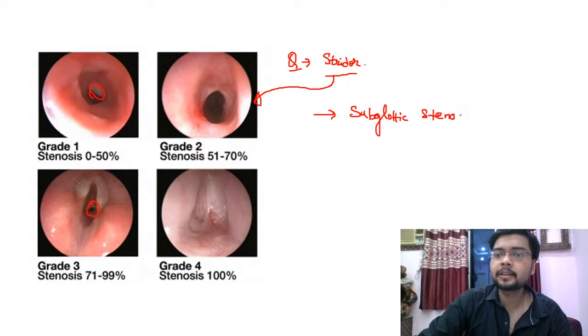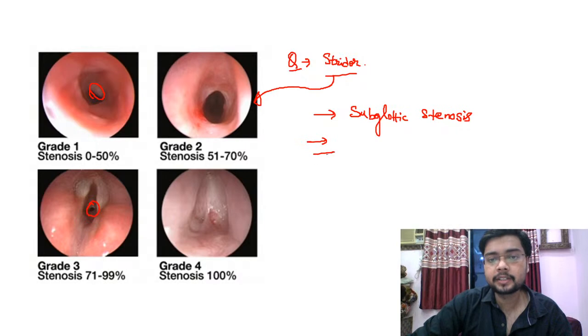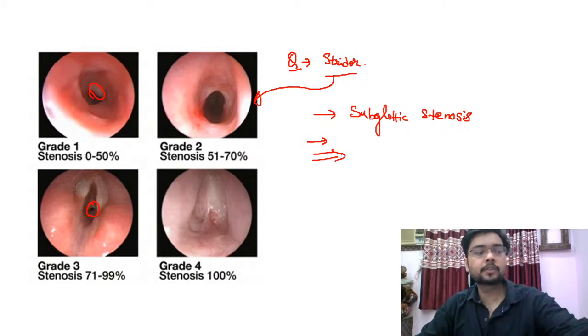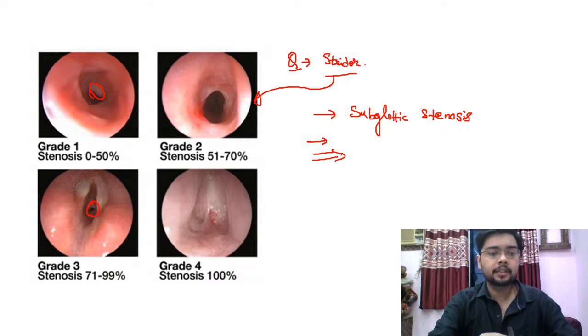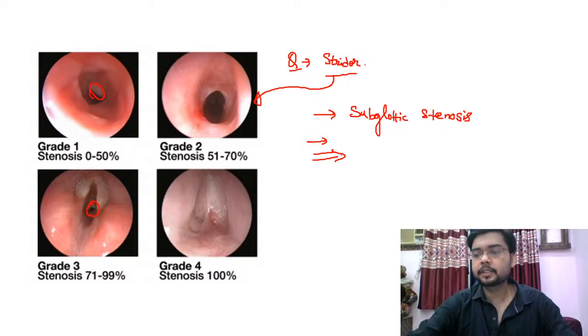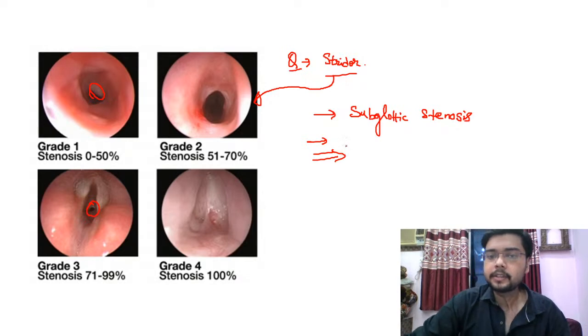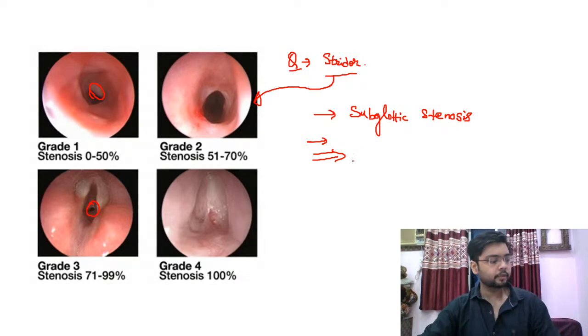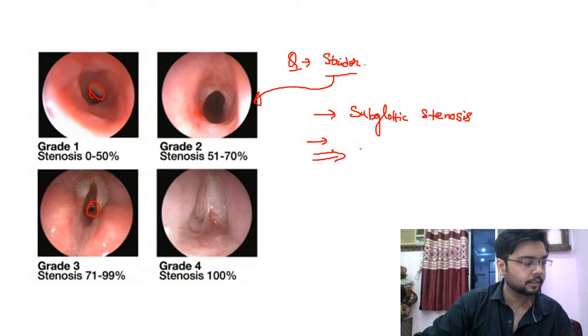stenosis, and to grade this subglottic stenosis there is one classification. So if I see the comment section, I want to know how many of you know the name of that classification. Yes, if you know the name, I would be glad. So I'm seeing the comment section, who writes me the name of the classification?